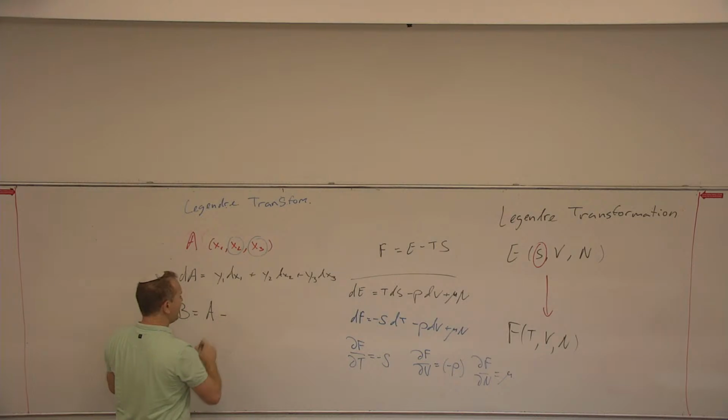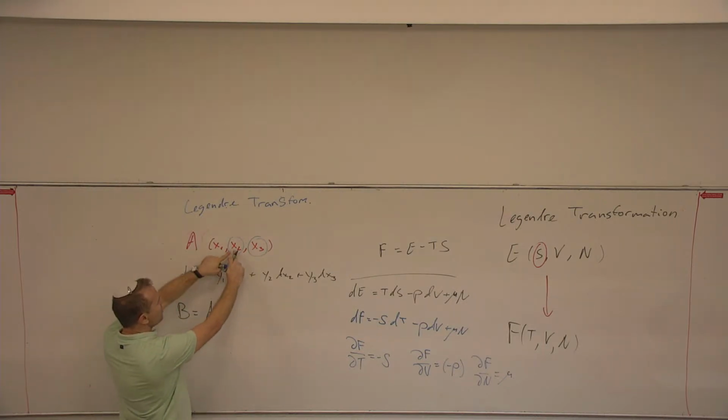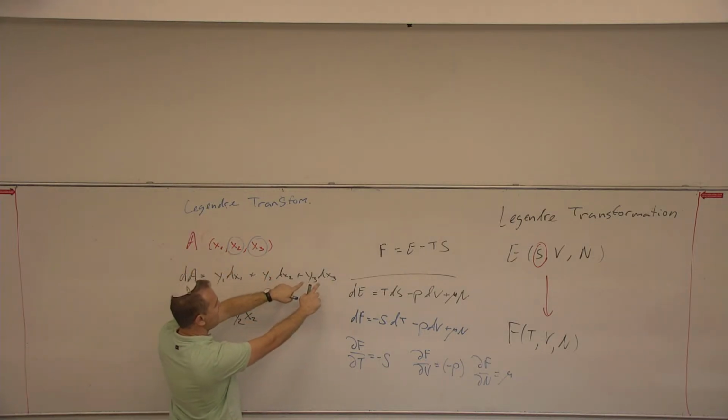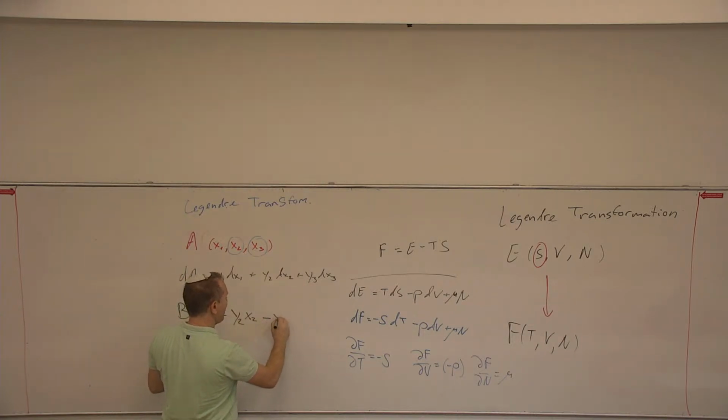So you write down A minus the conjugated variable that is associated with x2, which is y2, so you write down y2 x2. And the conjugated variable associated with x3 is y3, so you write down minus y3 x3.